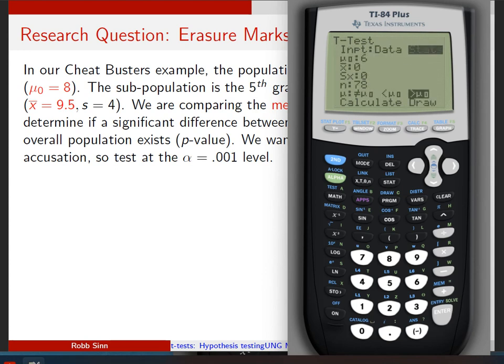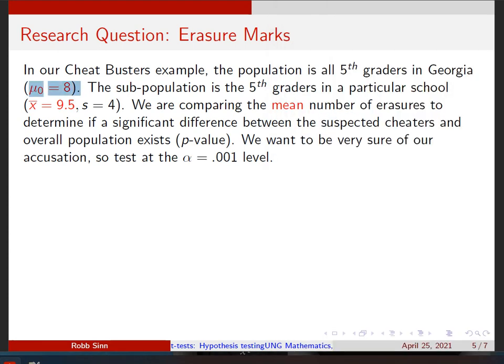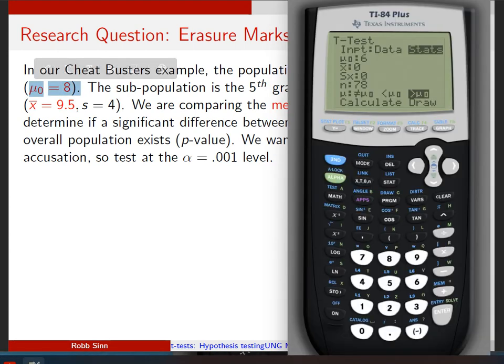Okay. Now, they want to know what mu sub 0 is. Well, it's really nice because I happen to have mu sub 0 sitting right here, actually labeled as mu sub 0. So I can get in here and change that to an 8. And then the X bar and the S are right here, the 9.5 and the 4.